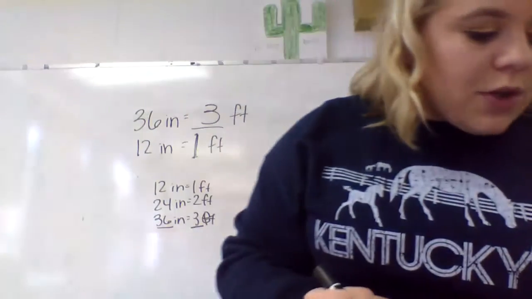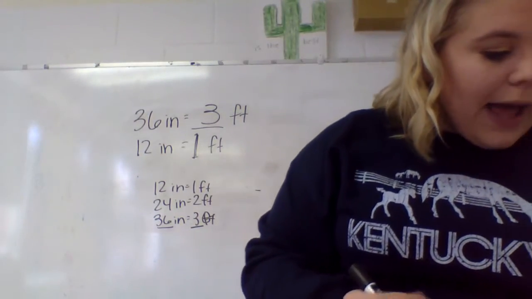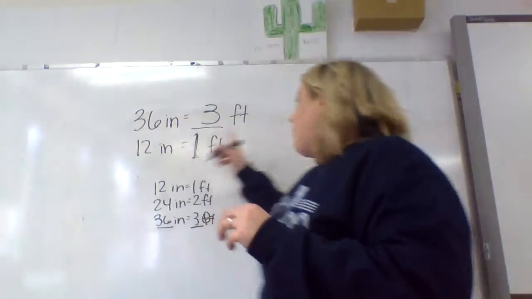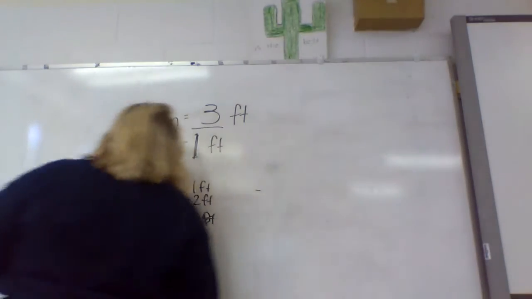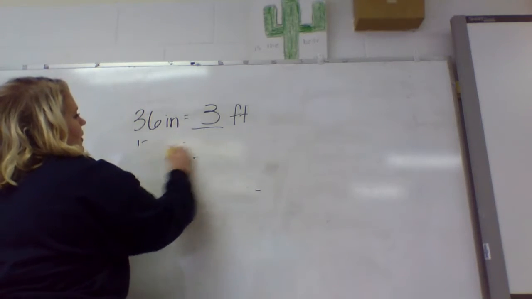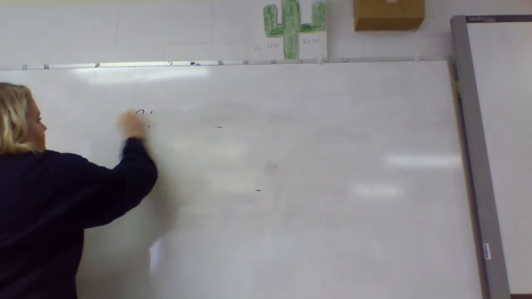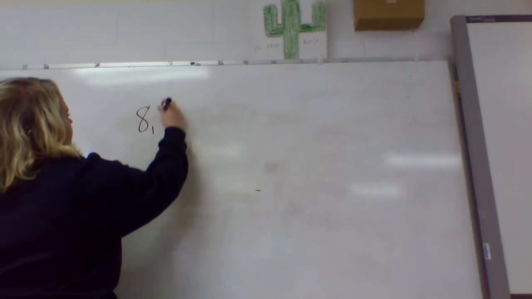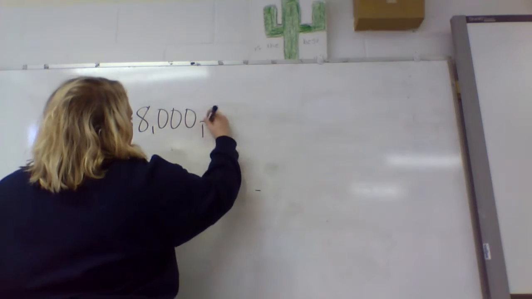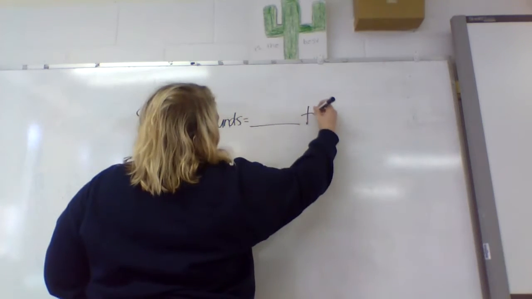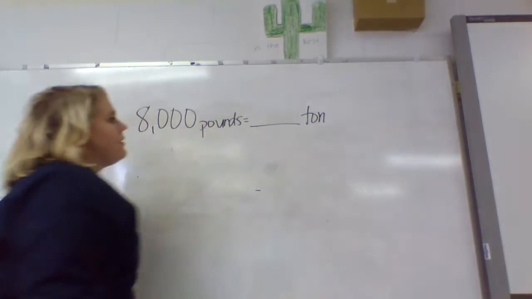So you're going to have to think about what your measurements are and think, are you going to multiply like we did before, or are you going to have to divide and see how many it takes? So if we say that 8,000 pounds equals how many tons?